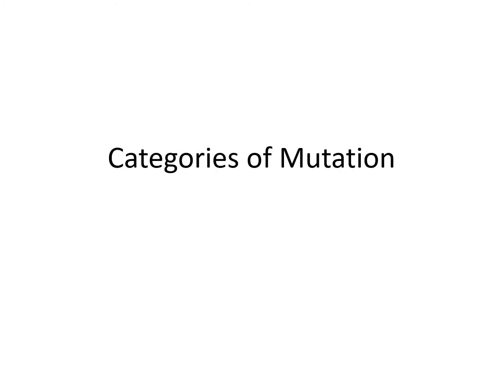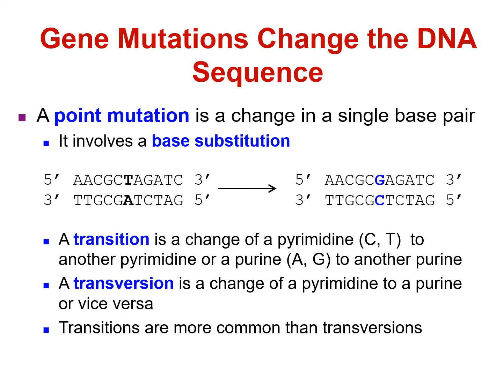Now let's have a look at the categories of mutation. Mutations range from large mutations, in which large genetic sequences are either gained or lost, to small ones that affect only a single base in a gene.